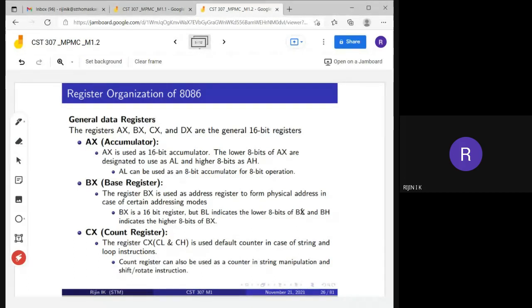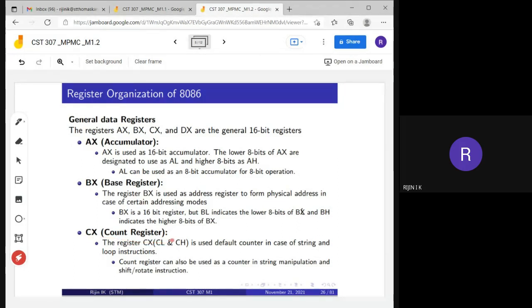For performing string operations and loop operations, the count register acts as the default counter.